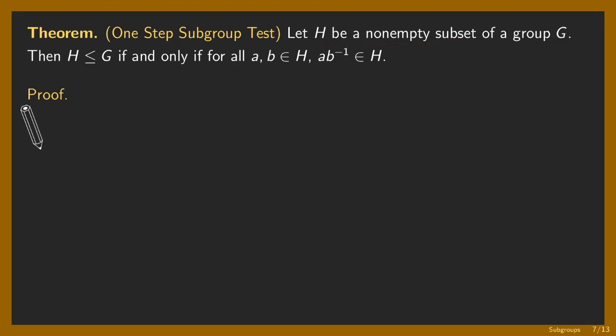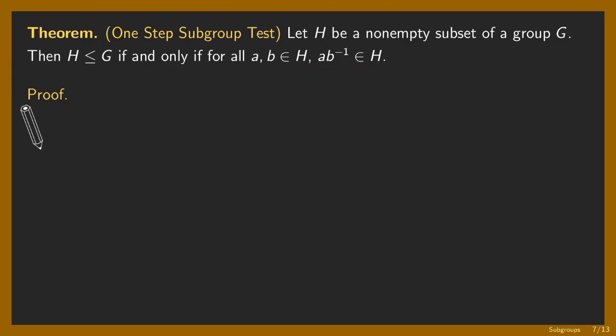Sometimes the existence of elements in H is not trivial, so you have to first verify that it's non-empty by giving an example of an element. So if you know that H is a non-empty subset of G, then you can imply that H is a subgroup of G by doing this test. This is what we call the one-step subgroup test.